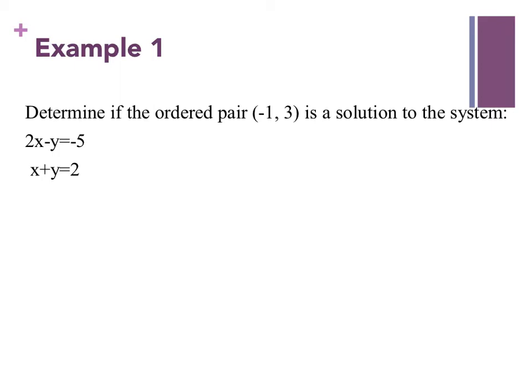which is the first kind of problem. It says to determine if the ordered pair (-1, 3) is a solution to the system. So how do we check that? Plug it in. Good. And again, it's got to work for both.